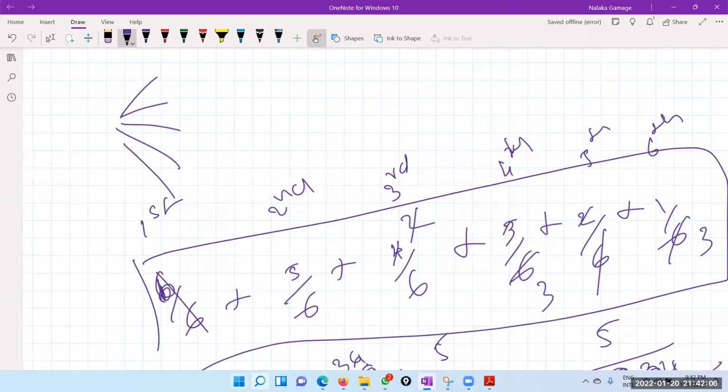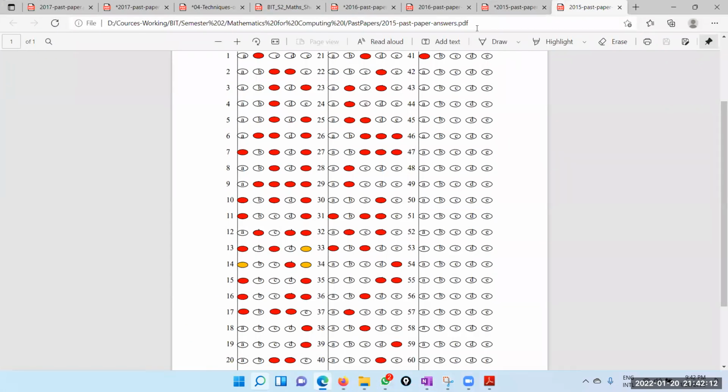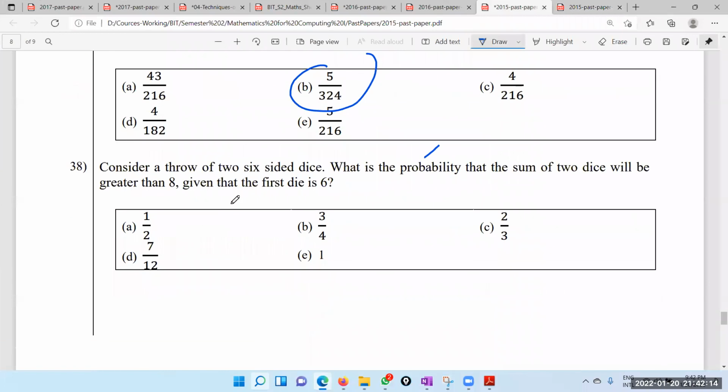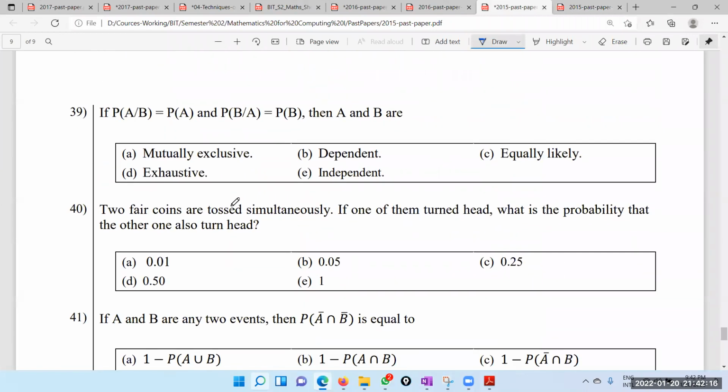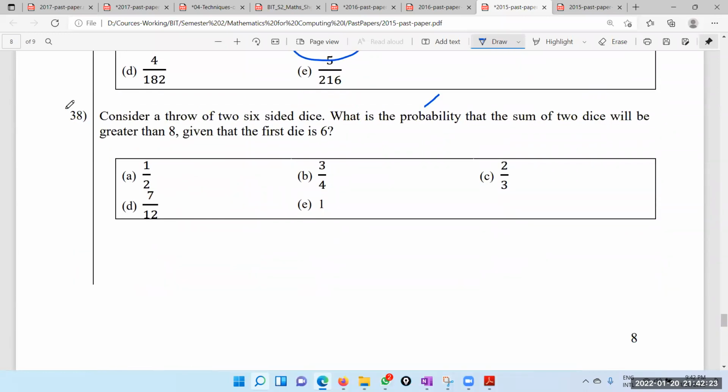Anyway, it's somewhat challenging question, okay? What probability questions here now? Question 38.